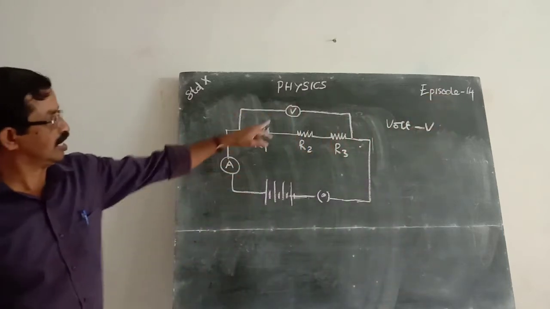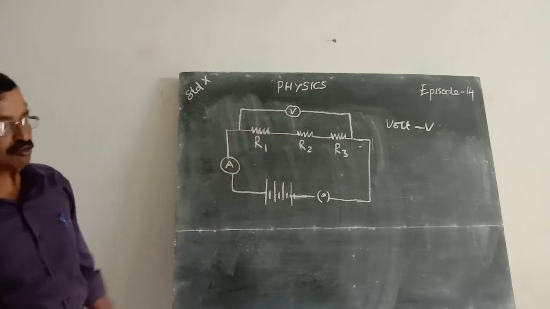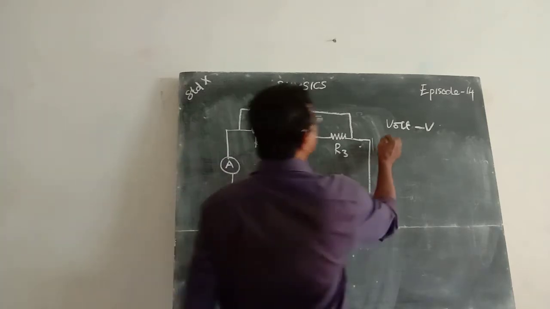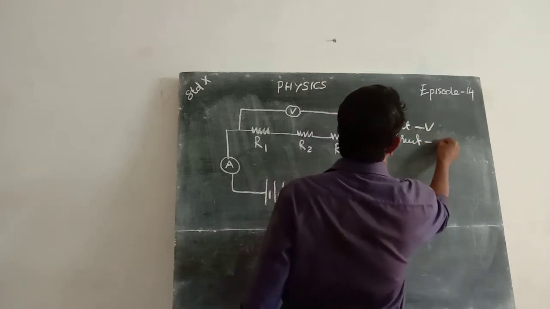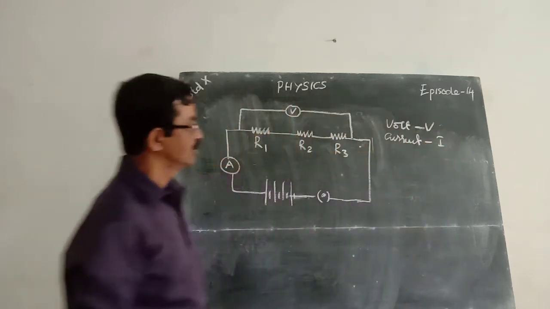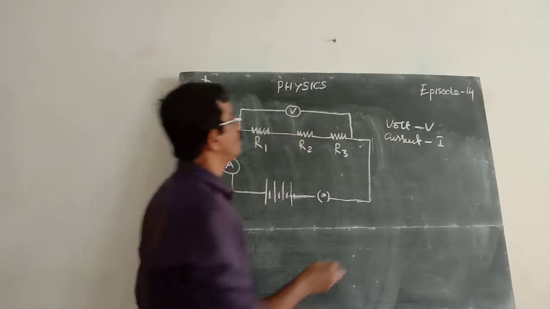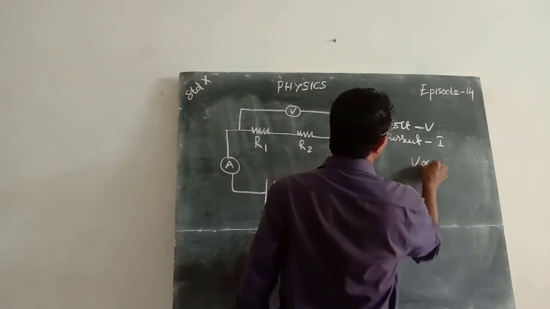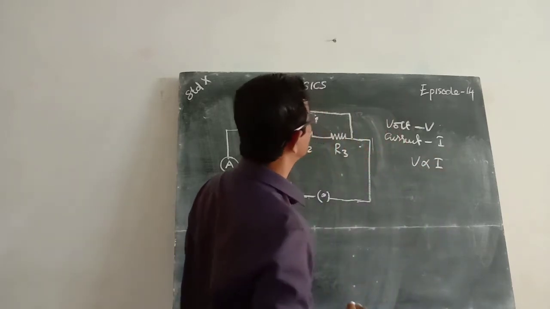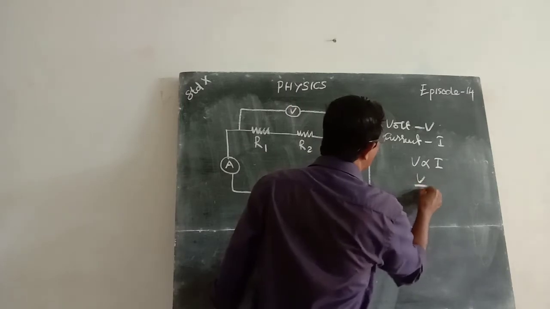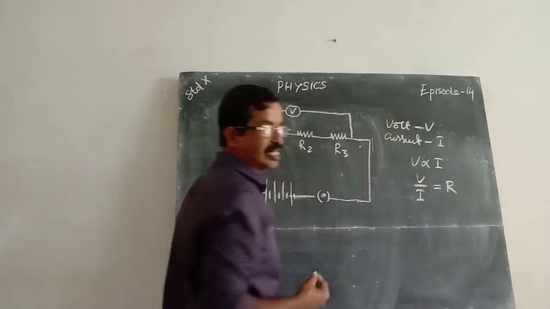It shows a voltage of V. Now the current through this is I. We know from Ohm's law, V proportional to I, or V by I is equal to R, the resistance.